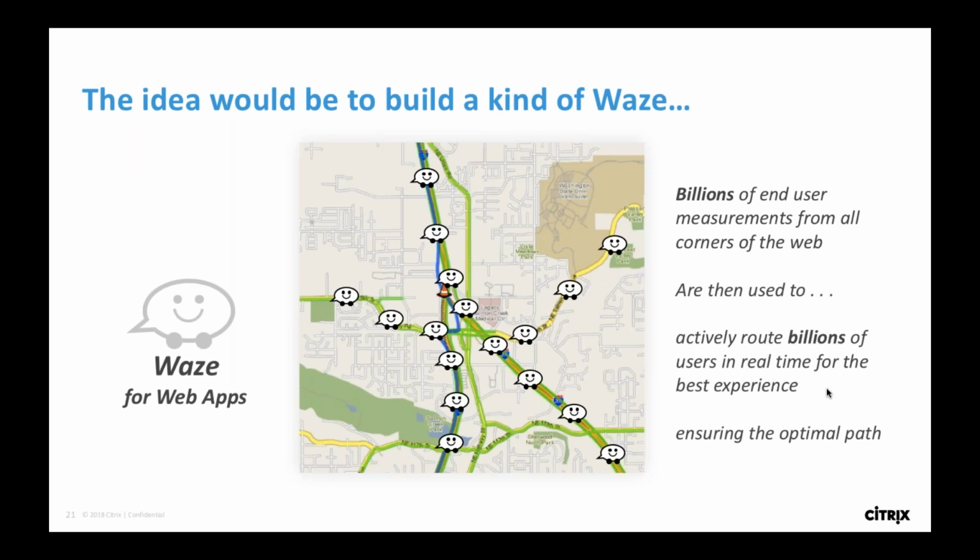To make it easy to understand, we can make an analogy with Waze for web apps. Those who know Waze know it uses real user data from people who drive their cars and want to reach a destination. It collects the time for these actual end users to reach the destination based on different paths and provides the best information to send people to the right route.